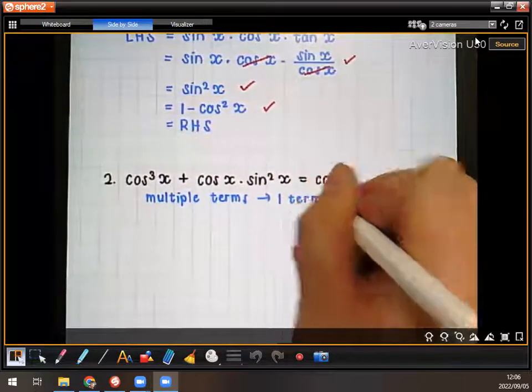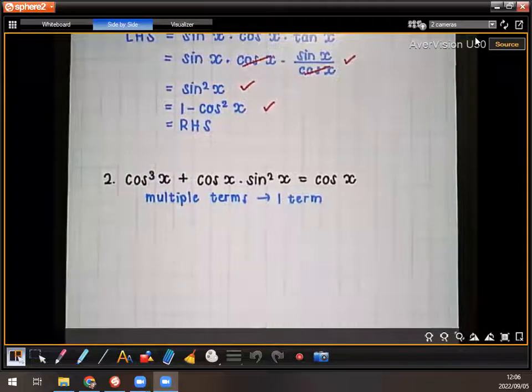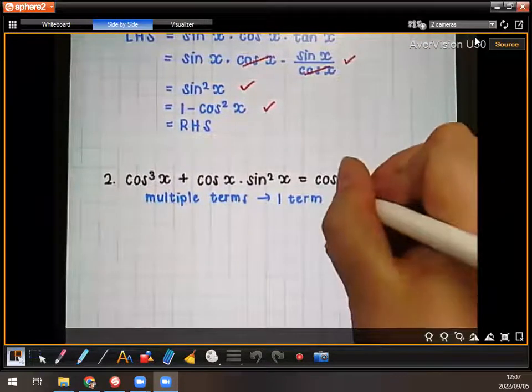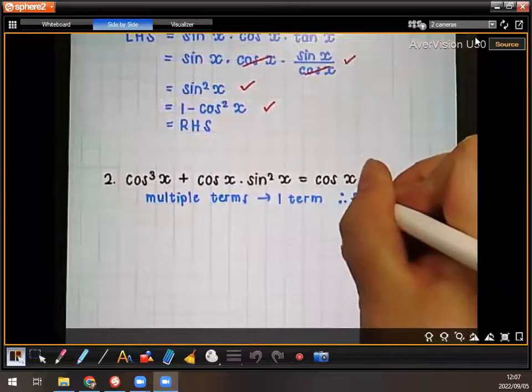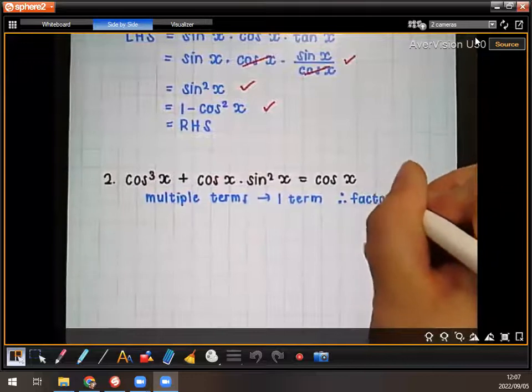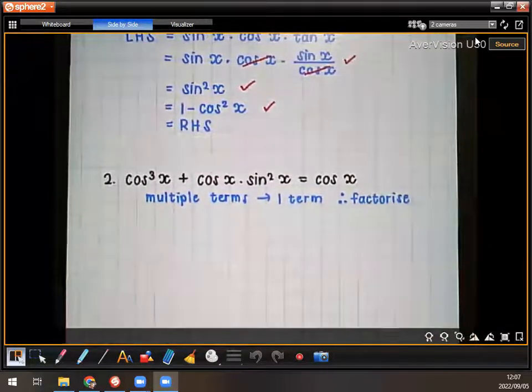Guys, what do we use in order to go from multiple terms to just one term? Factorizing, good. So we are going to have to factorize on the left-hand side.